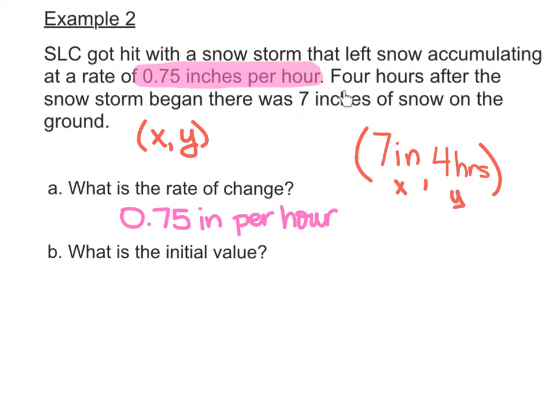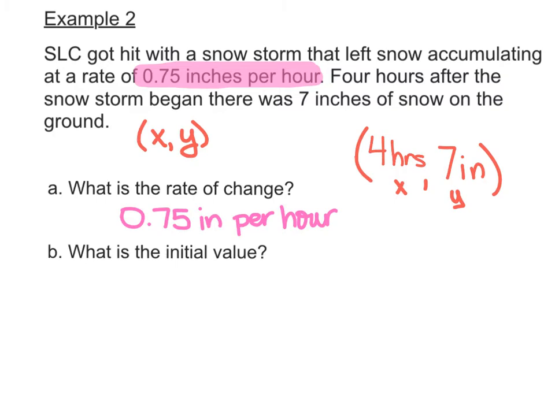So the amount of snow that's on the ground depends on the time that has passed. So that means inches of snow must be my dependent, which is always y. My x value is my independent, which is time, my hours.